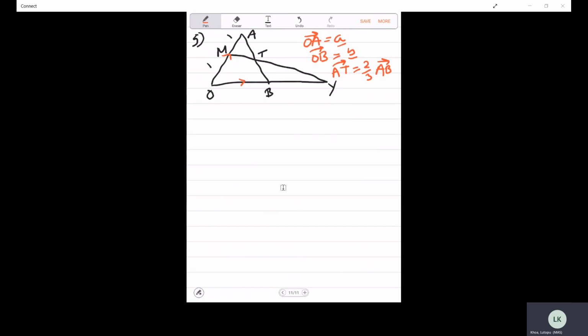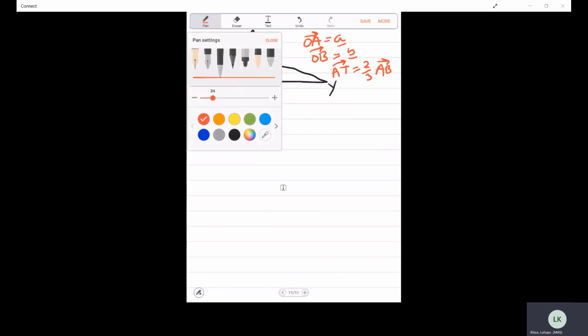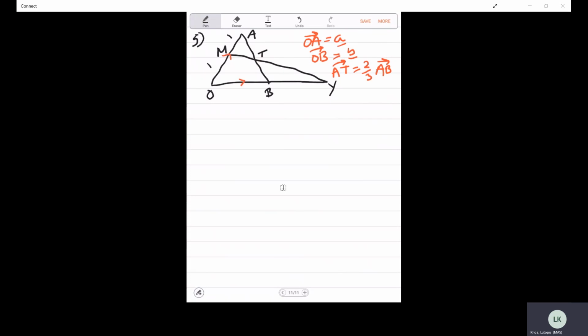So it divides this line, AB, in the ratio 2 to 1. Okay, so I hope that is clear why it's the ratio 2 to 1. So here, if I want to get AT, it must be 2 over 3. So if there's two parts here, there's only one part missing. That's why it's the ratio 2 to 1. Okay, and this is how the diagram is.